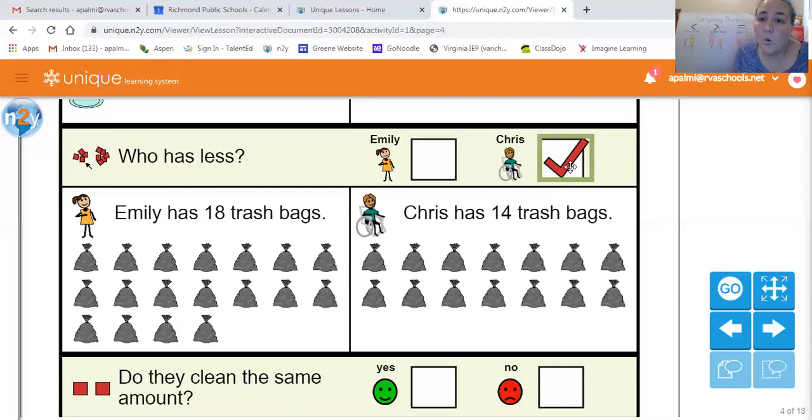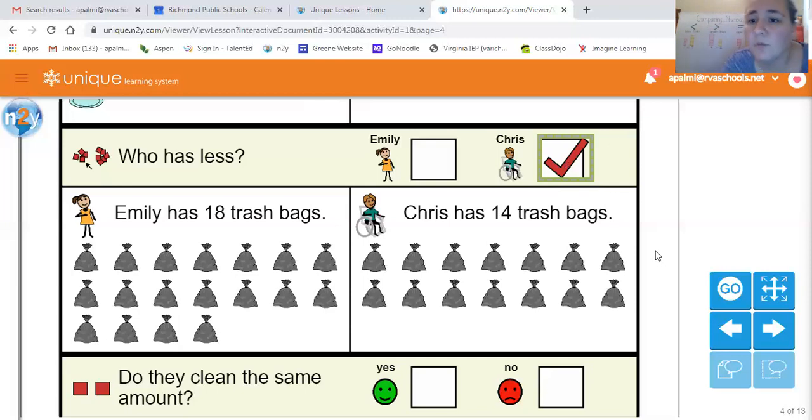He wants more food because he's so hungry. So if 14 is our smaller number, then our alligator mouth wants to be away from that number, okay? So we are going to draw our alligator mouth to the bigger number, 18. And we read this sentence as 18 is greater than 14, okay?